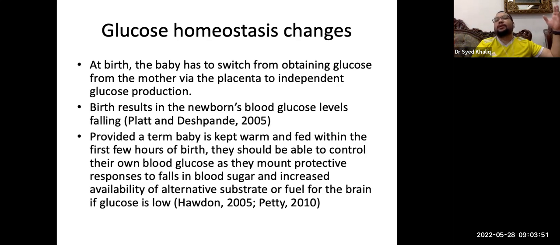Okay. Now, glucose is a smaller particle. Glucose from the mother crosses the placenta into the fetus. But insulin is a big molecule. Insulin does not cross the placenta into the baby.